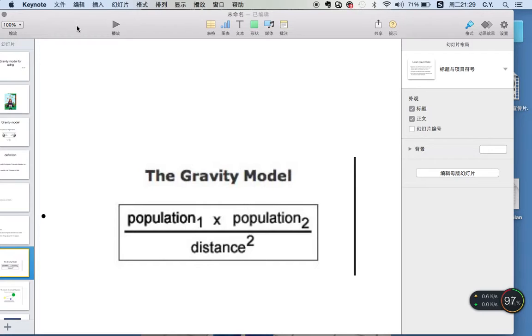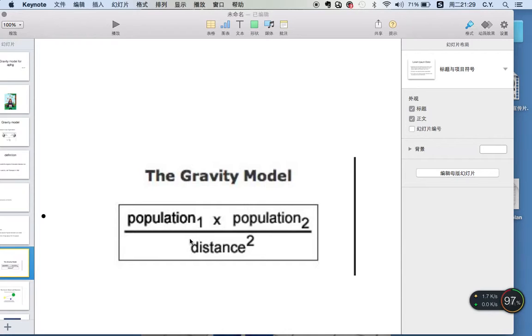So we can come up with the gravity model equation. You can see the picture. It is equal to the population of one city times the population of another city, all divided by the distance between the two cities squared, which will come out with a number.